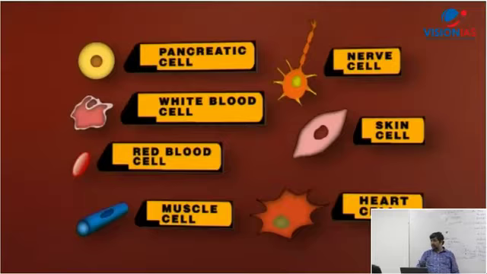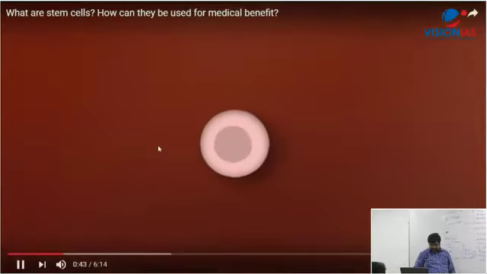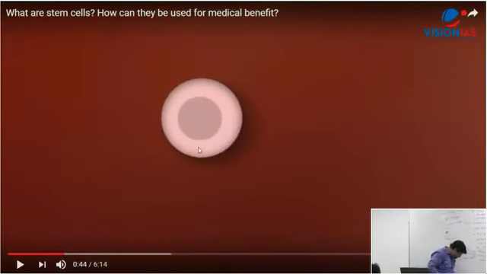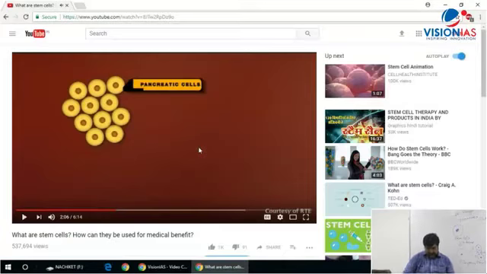Stem cells have the capacity not only to make more stem cells, but also to make diabetes or, say, motor neuron disease.